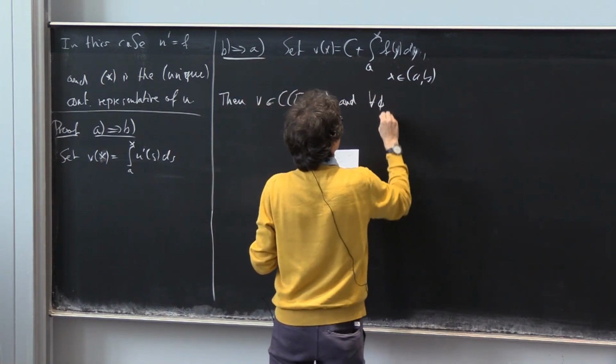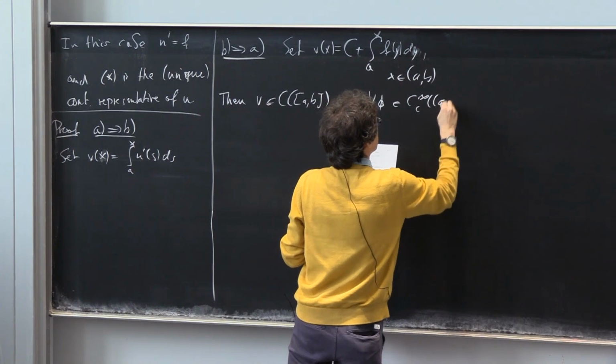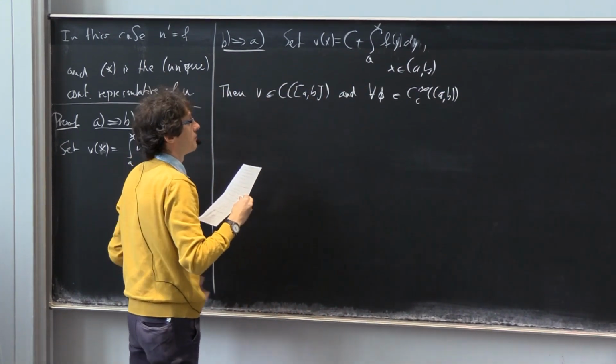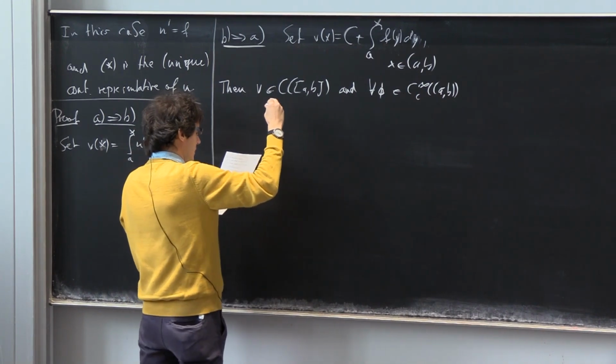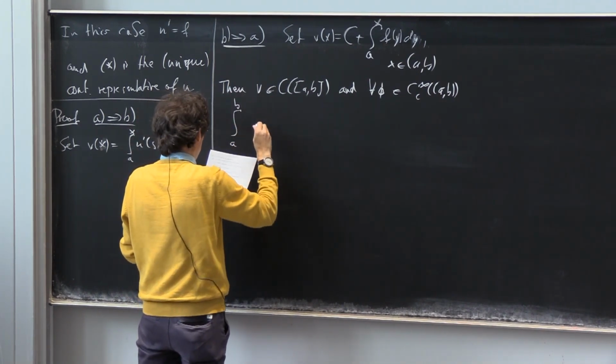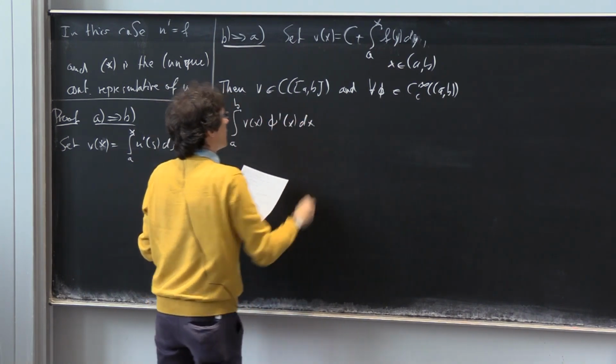Now we have to look at the derivative, so let's take any test function. Then we get that the integral from a to b of v of x phi prime of x dx, this is what we have to look at.